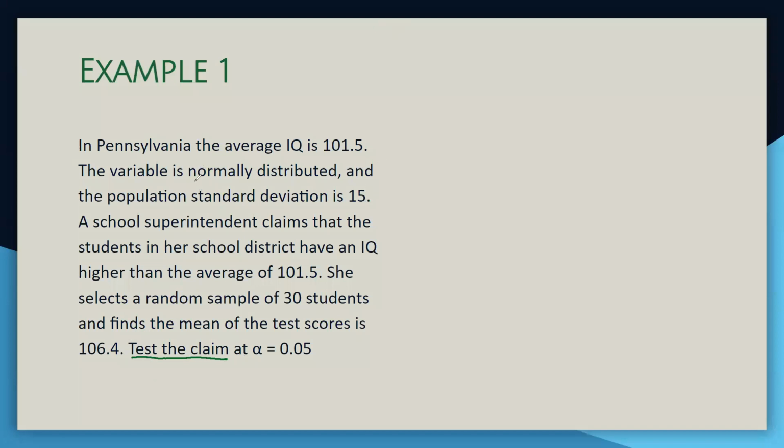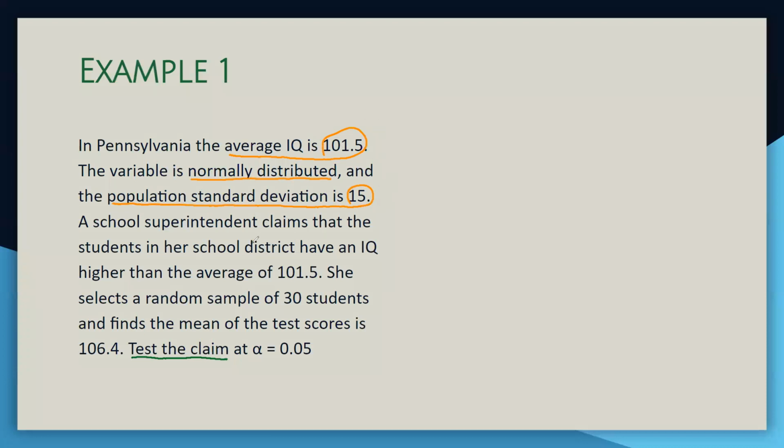So they tell us that our variable is normally distributed. That's good news. They tell us the population standard deviation is 15. The very first sentence tells us average IQ is 101.5. So that's an assertion that the population mean is 101.5.